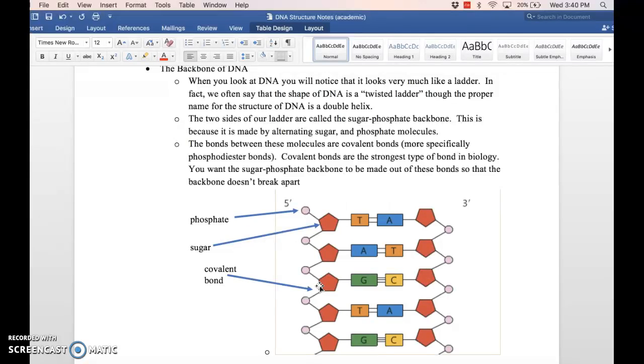Covalent bonds are some of the strongest bond types in biology. These are not things that are going to be easily broken apart. The formal name for these structures is phosphodiester bonds, but for this class, you only need to know that they are called sugar phosphate covalent bonds.